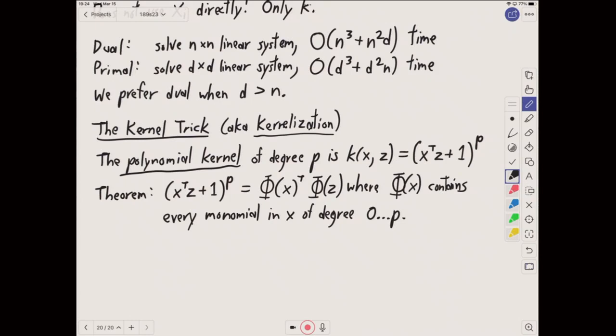So to put it another way, computing this thing is equivalent to computing an inner product of the featurized vectors we use for polynomials.